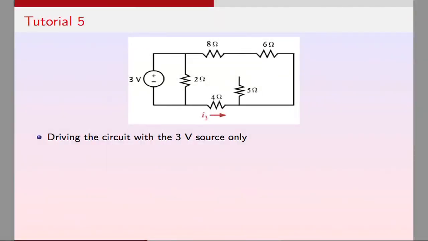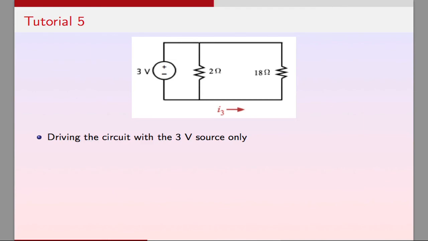And finally, we drive the circuit with a 3-volt voltage source only. The current in the 4 ohm resistor is labeled as I3. Notice that no current goes into the 5 ohm resistor. Adding the resistors in series and removing the 5 ohm resistor, we get the following simple circuit.